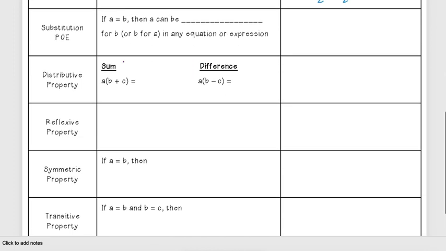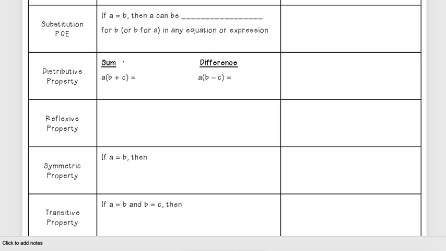Okay, so then substitution POE, that one says if A equals B, then A can be substituted for B, or B for A, in any equation or expression.